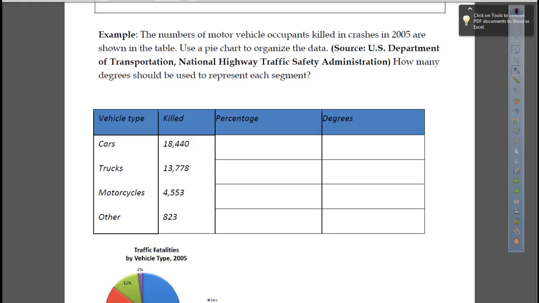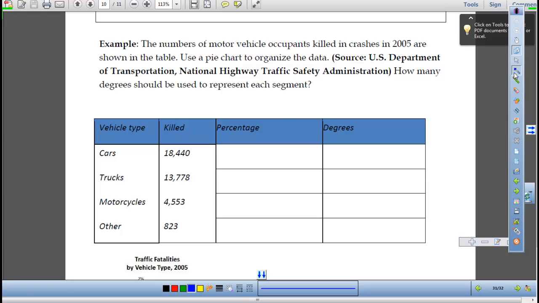We want to come up with the percentages, and we want to come up with the number of degrees that each category should contain. For percentages, we're just going to take the frequency and divide it by the total, however many people the total of our sample is.